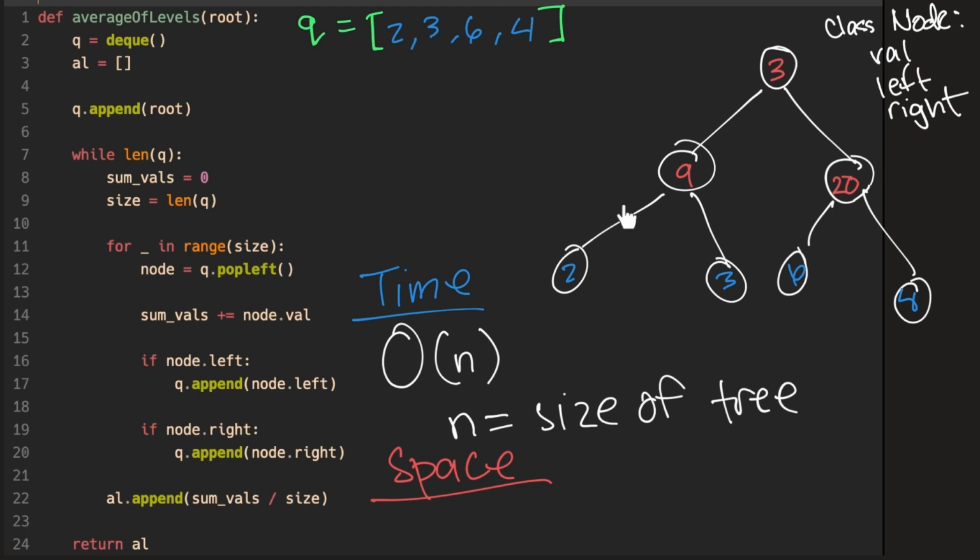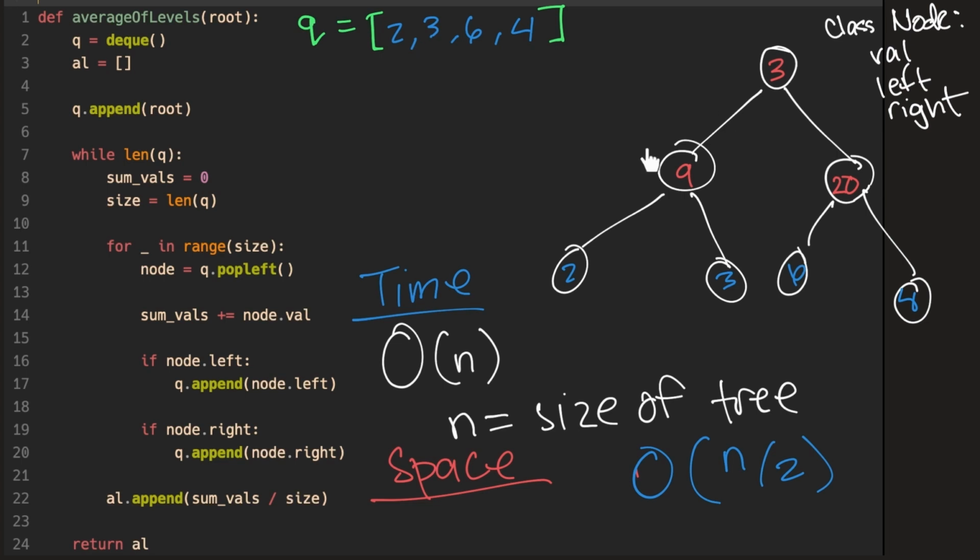And the size of our n is 1, 2, 3, 4, 5, 6, 7 items. So this level contains roughly half of the size of our n. So in that case, our space complexity would look something like O of n divided by 2. Since at this level we're holding roughly half of our whole tree.